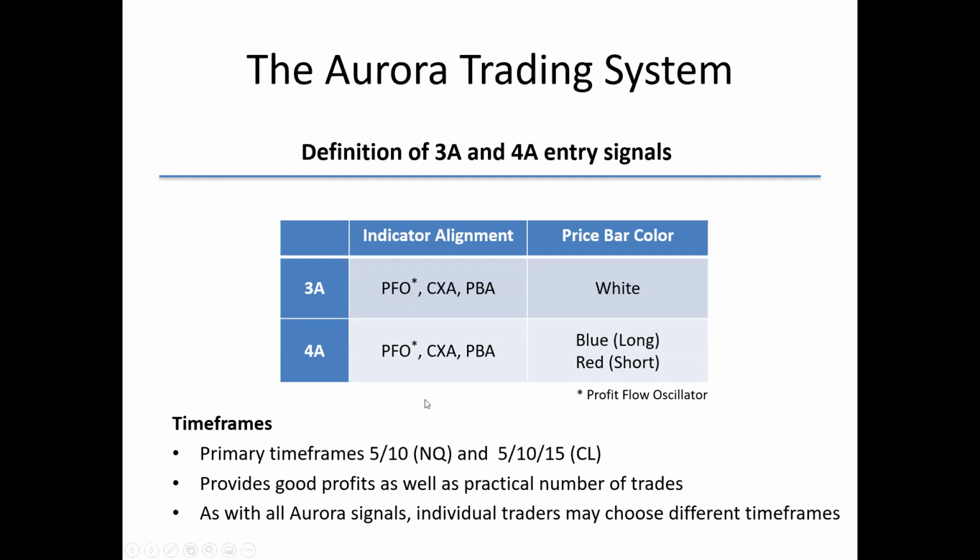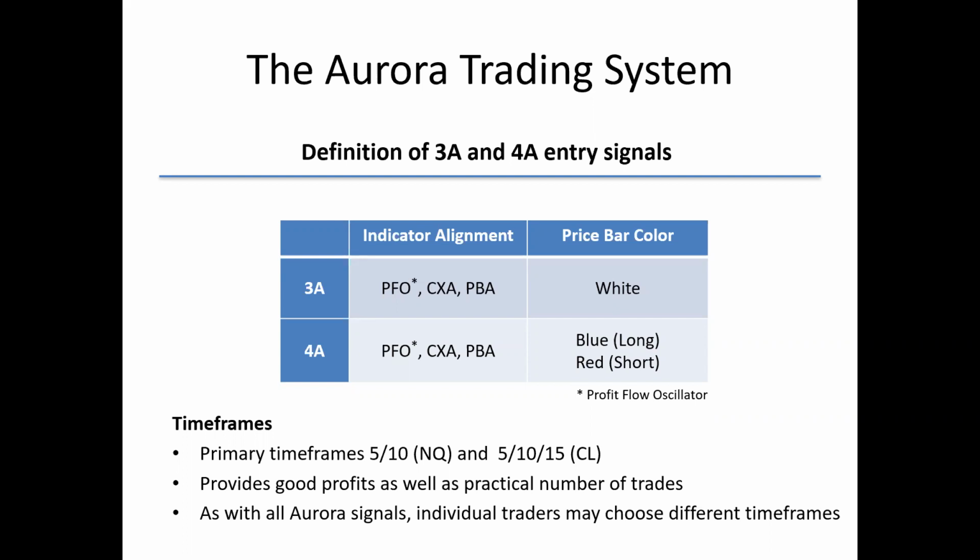Now, one of the differences of 3A, 4A versus at least 2 of the prior signals that you've learned is that this is all viewed on a single time frame. So PB35 requires a 3-minute and a 5-minute. PB13 requires a 3-minute and a 10-minute.